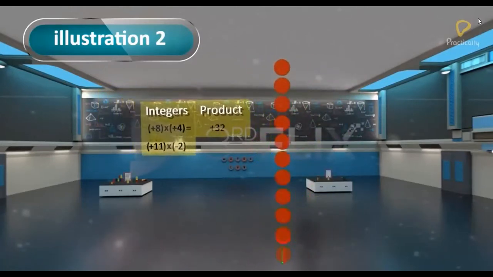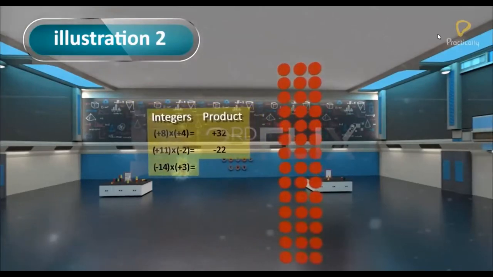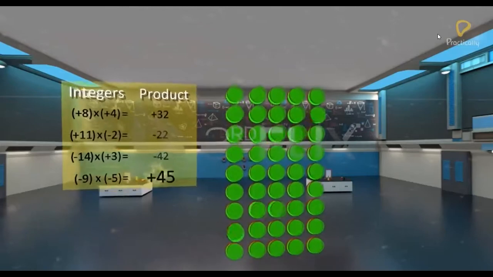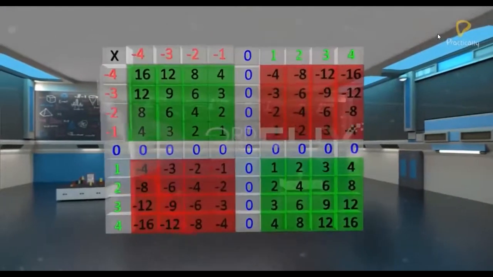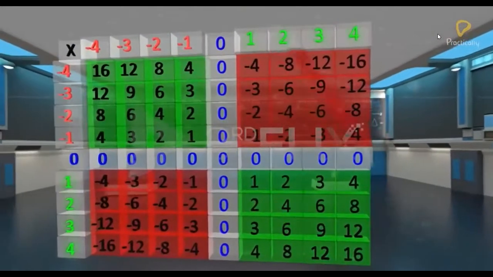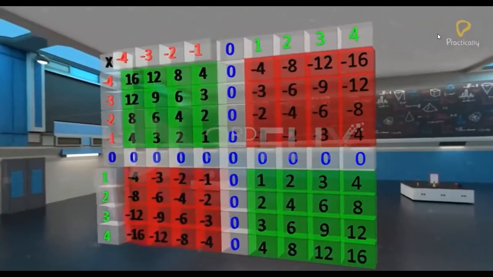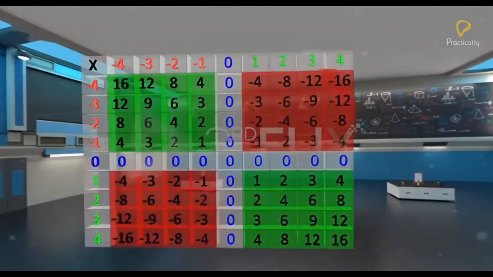Plus 11 into minus 2 equals minus 22. Minus 14 into plus 3 equals minus 42. Minus 9 into minus 5 equals plus 45. From this table, observe that 2 like signs make a positive sign and 2 unlike signs make a negative sign.